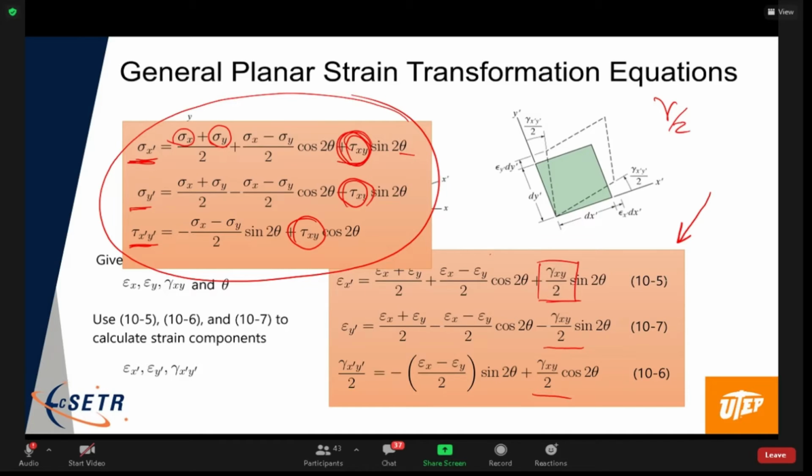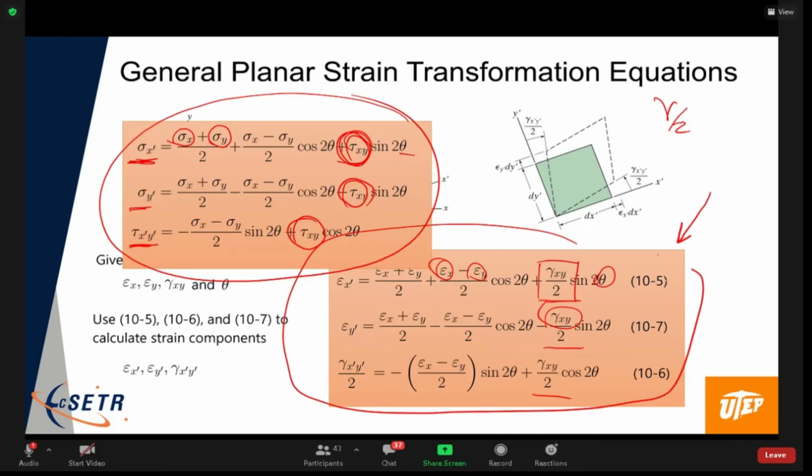So that means if you're given a problem where they give you the state of strain, normal strain in the x and y direction, and then the shear strain, and they say figure out the strain components in this alternate coordinate system given by the rotation theta, all you have to do is plug those values into equations 10, 5, 6, and 7, and that'll give you the normal strain in the x and y direction and the shear strain over 2 in the new coordinate system.